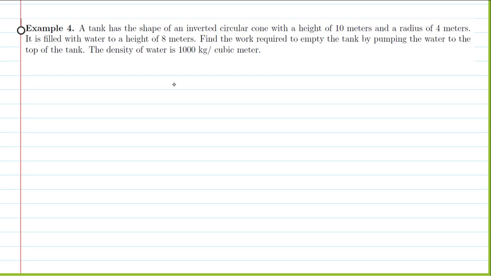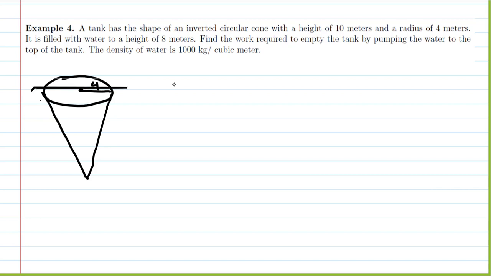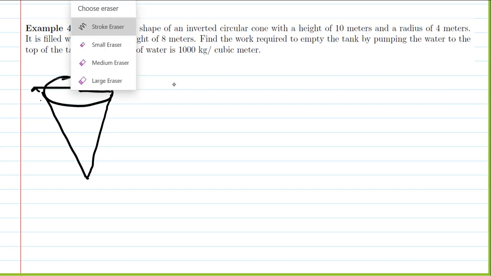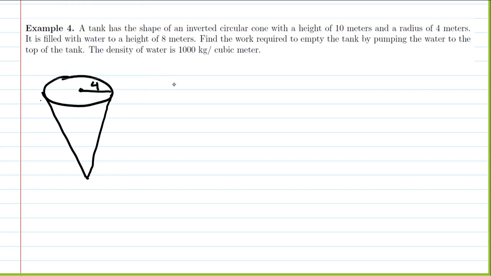Okay. So let's draw a picture of this situation. We have a tank that is an inverted circular cone, so it looks like an ice cream cone, like this. We're told a couple of things. Its radius is 4 meters, and its height is 10 meters.